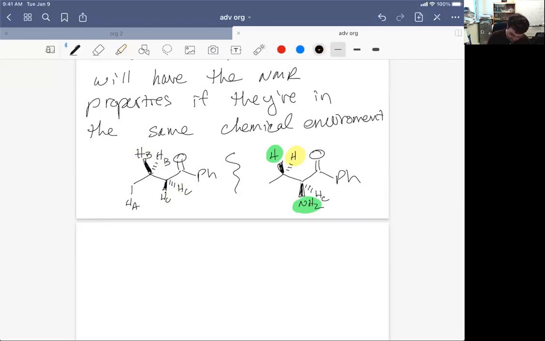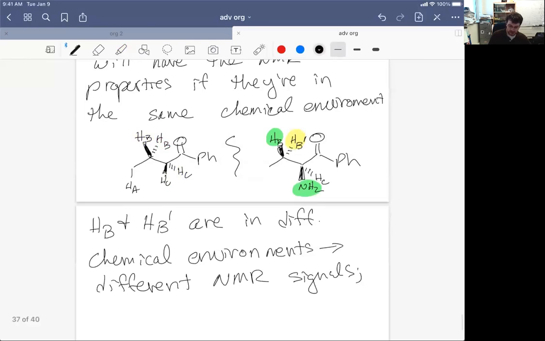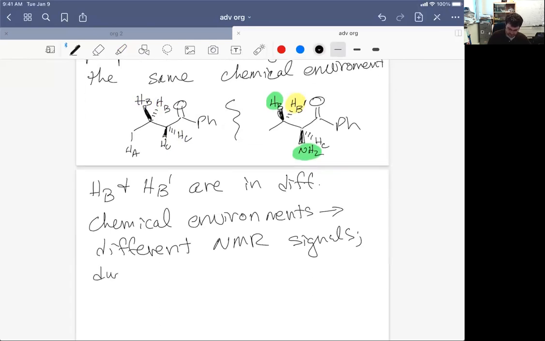All of a sudden, we have HB and HB prime. Okay, so HB and HB prime are in different chemical environments, resulting in different NMR signals. They're no longer the same. And this is all due to the chiral center, due to the stereocenter.